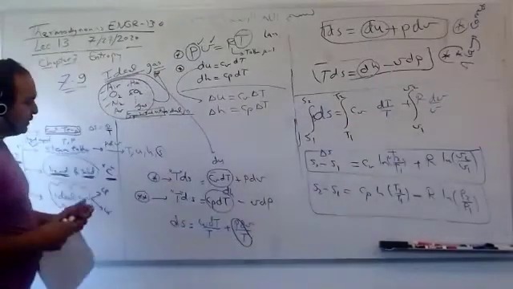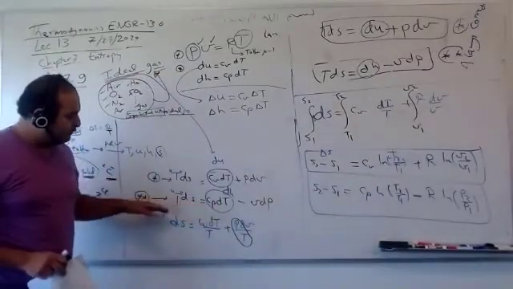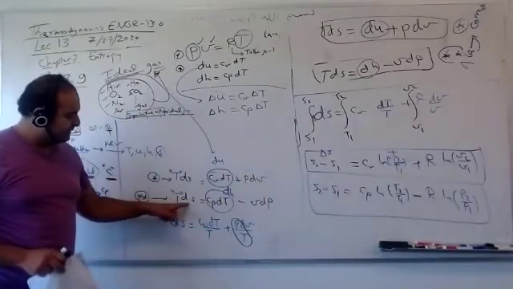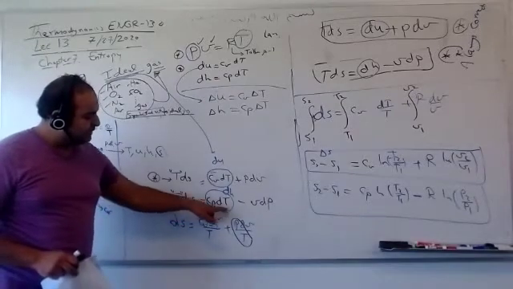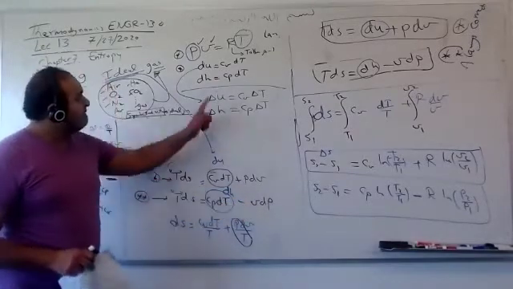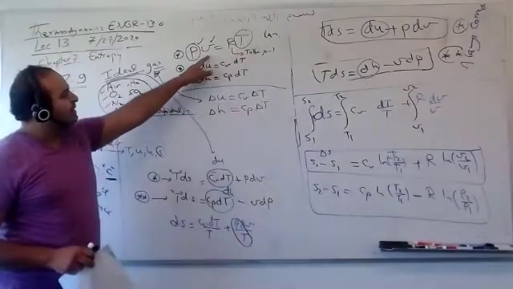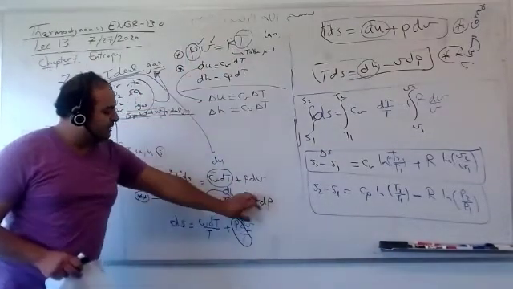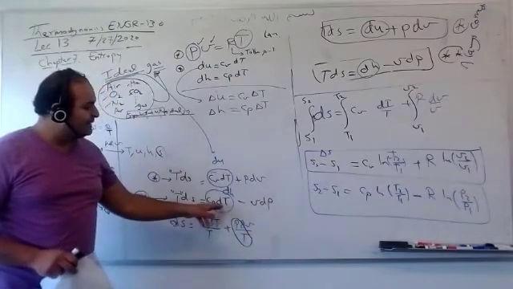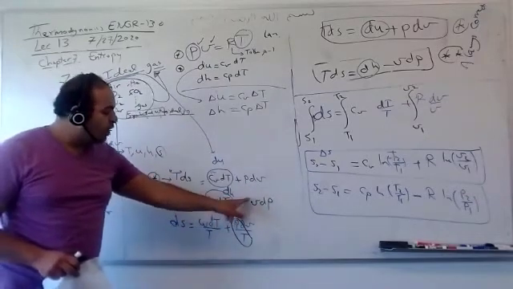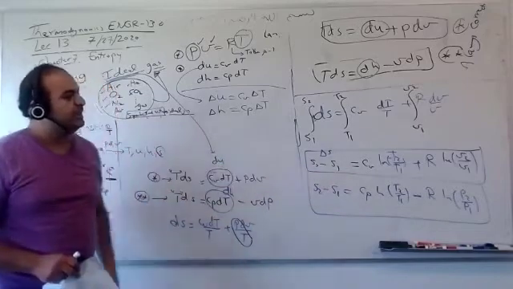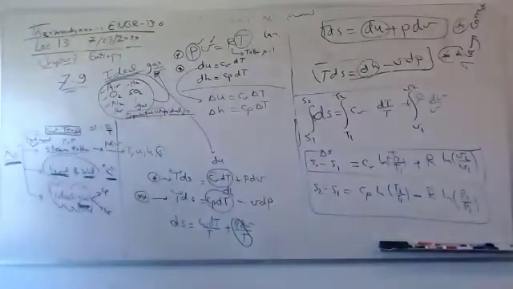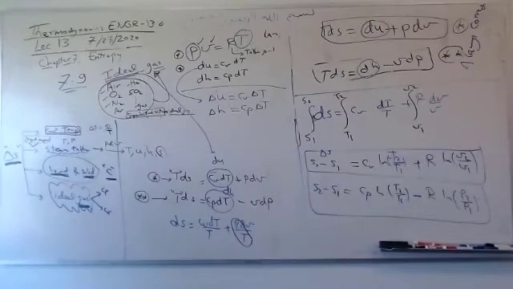If you use this equation and divide by T, it becomes delta S. Divide by T, dT over T. Divide by T, V over T. V over T is R over P. Put here R over P. Integrate. This will be Cp ln T2 over T1 minus R ln P2 over P1. Okay, guys? Does it make sense?